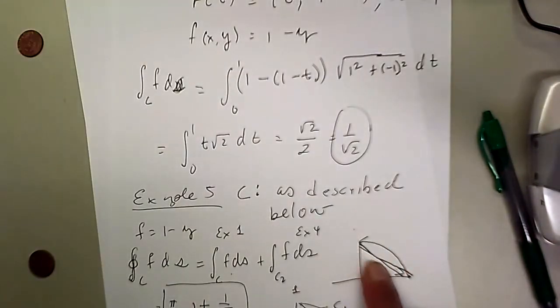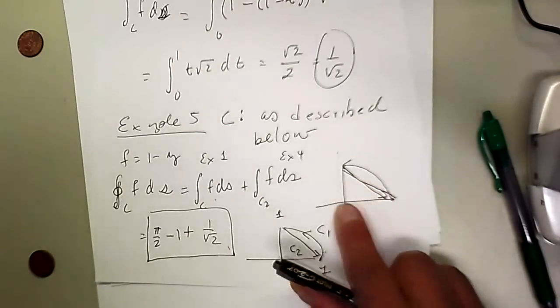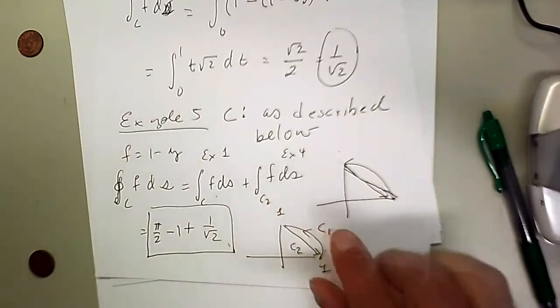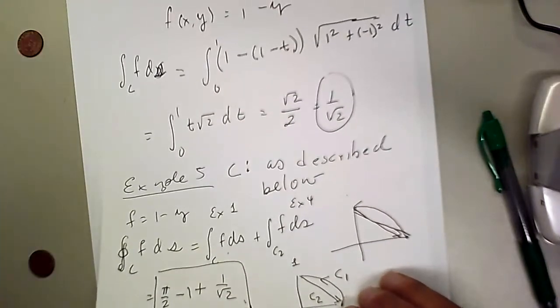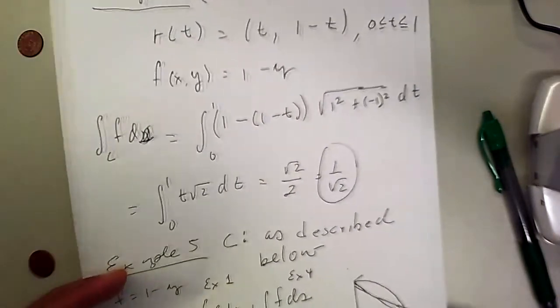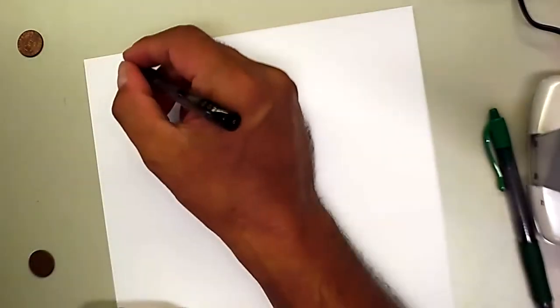We could do examples, but we can figure this out geometrically with respect to the x-axis and with respect to the y-axis, but I'll let you work those out. And we're going to move on to vector fields and line integrals on vector fields.